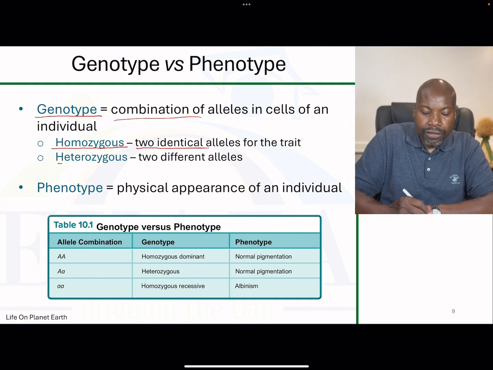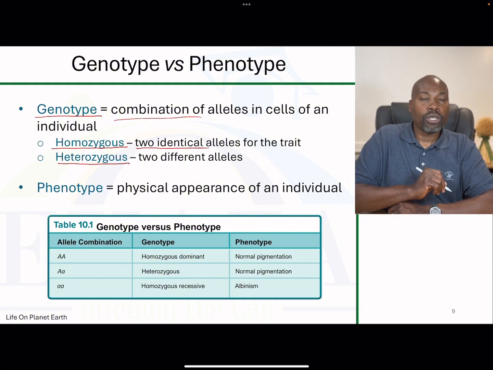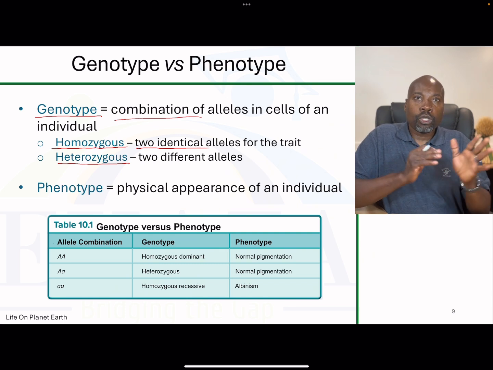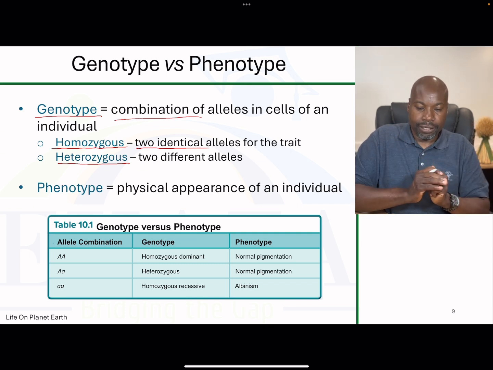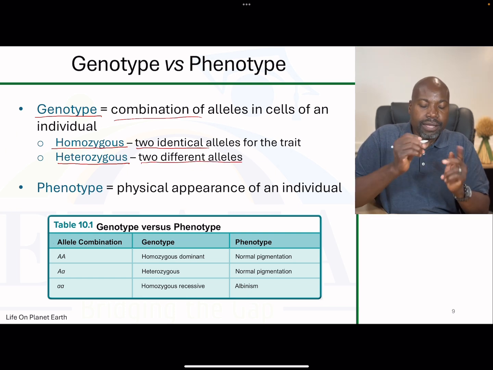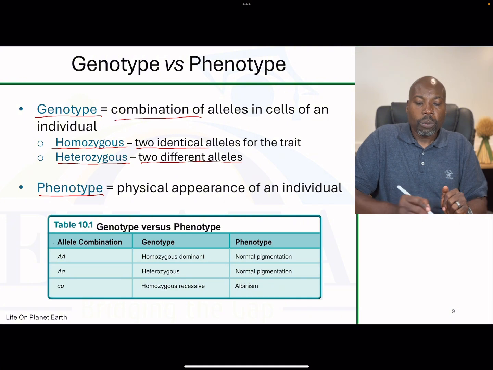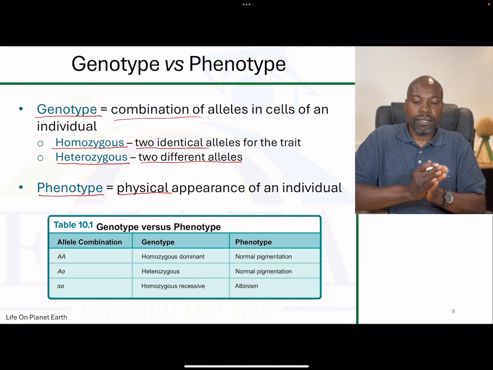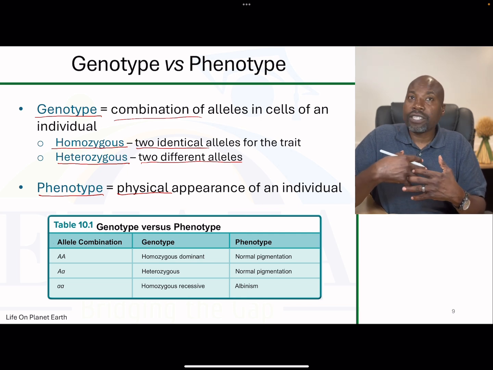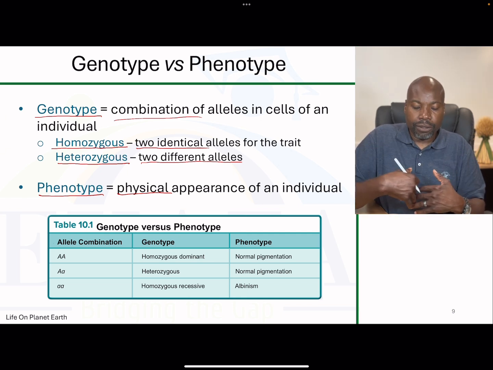And then we're going to have the heterozygous individuals, which are individuals made up of two alleles that are different. So two different alleles. Then we have the phenotype, which is the physical appearance of an individual, what we can actually see. We cannot see the genotype, but we can see the phenotype, right?